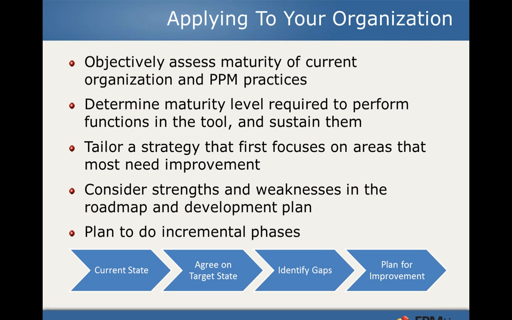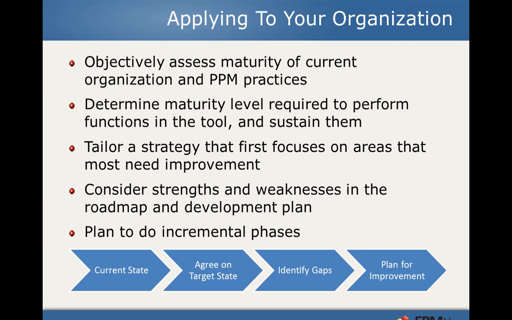If we are honest with ourselves and determine a maturity level and where we're at, we can then tailor a strategy that first focuses on the areas that most need improvement. That could be our biggest pain points. That could be the lowest hanging fruit. Where can we get the biggest bang for the buck and show improvement right away? And I think the key here is that you want to tackle this in incremental phases.